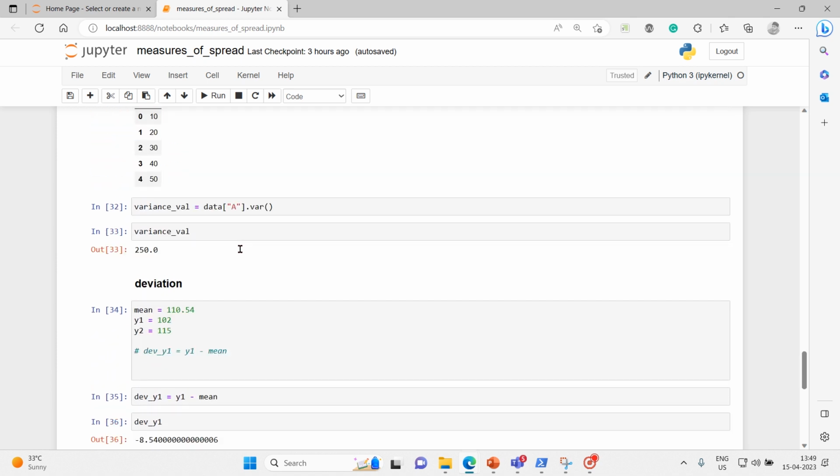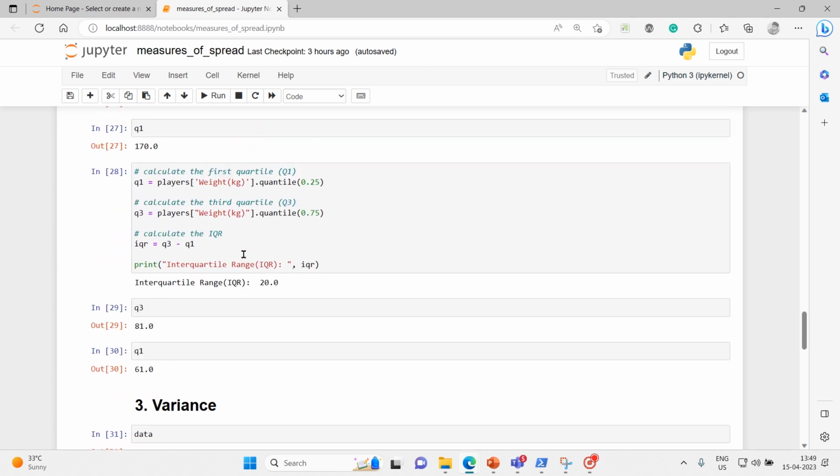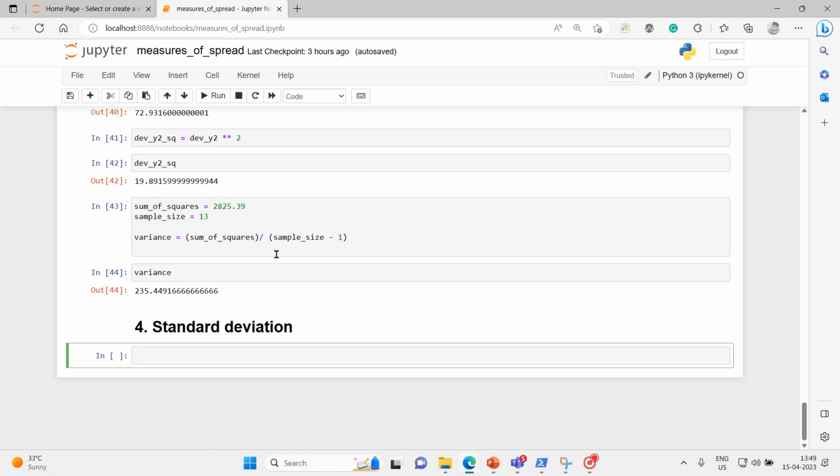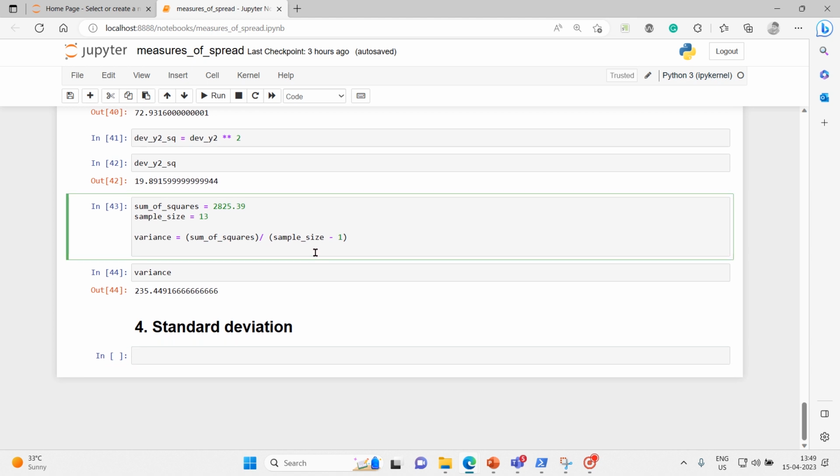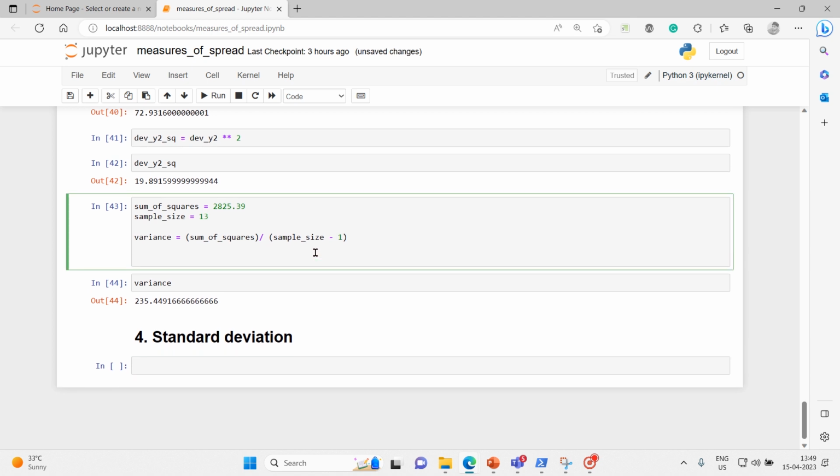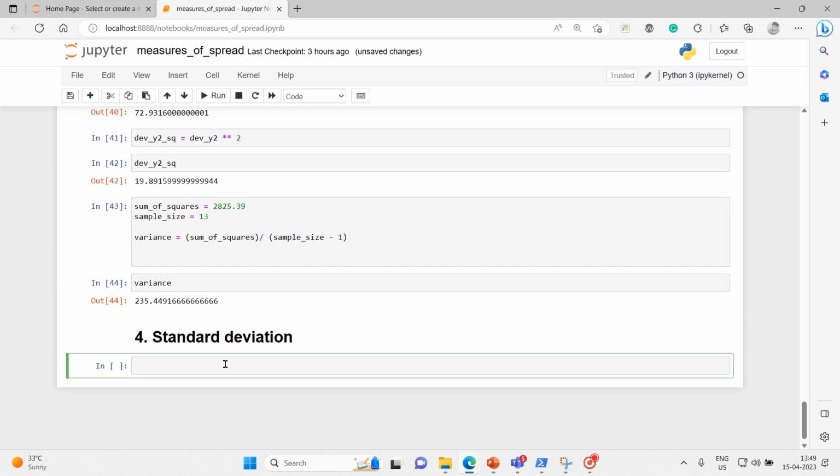Here is the variance. Now, in continuation of that data, I'll calculate the standard deviation.